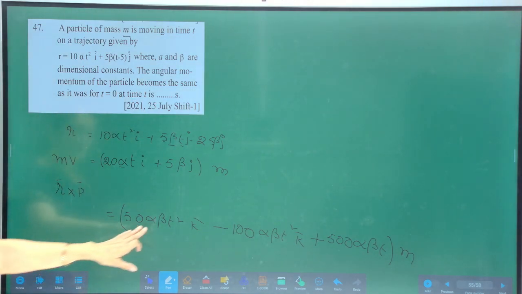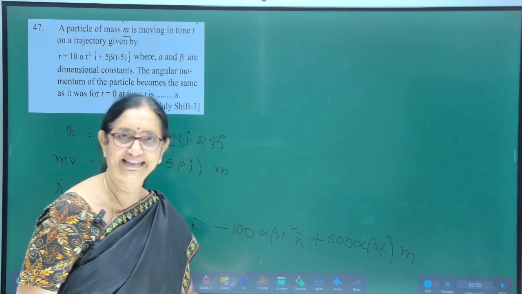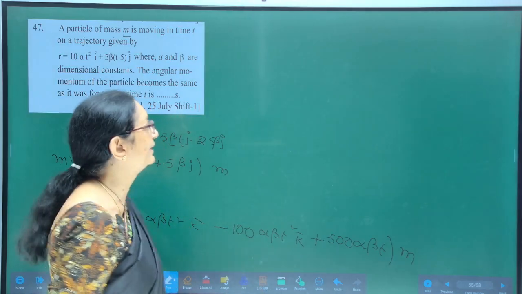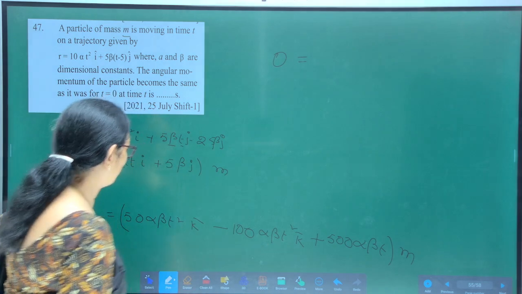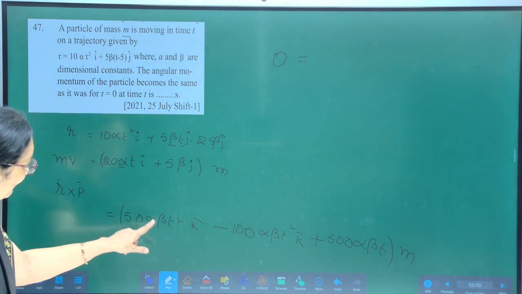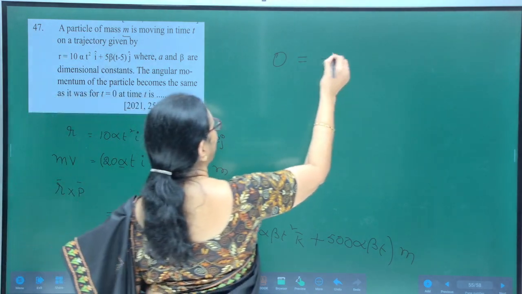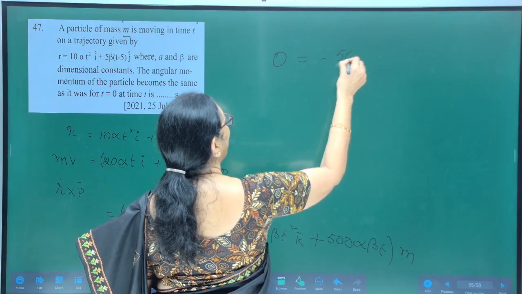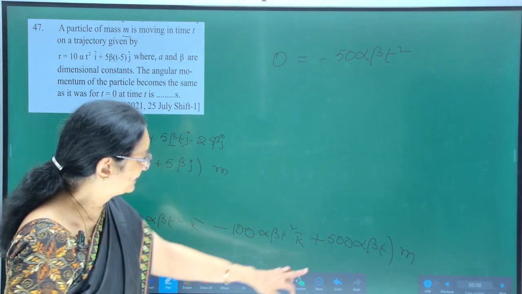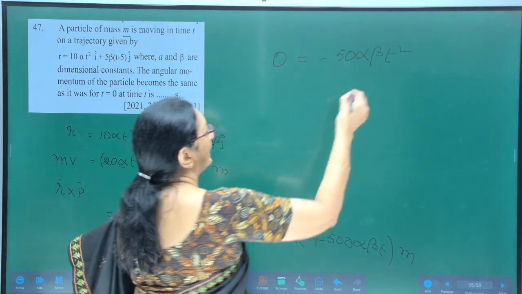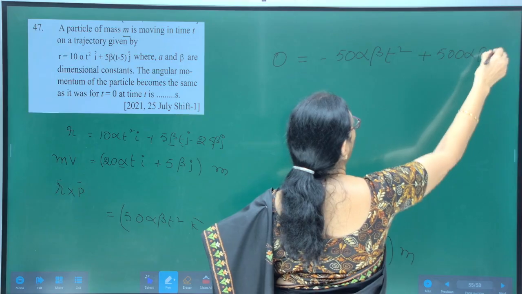So, when t is equal to 0, because every term has t, the angular momentum becomes equal to 0. So this is equal to 50 alpha beta t square minus 100 alpha beta t square, that is minus 50 alpha beta t square, plus 500 alpha beta t.